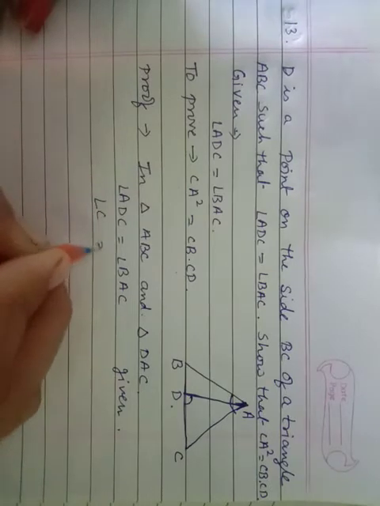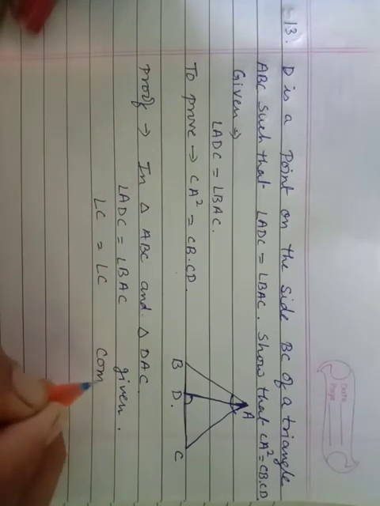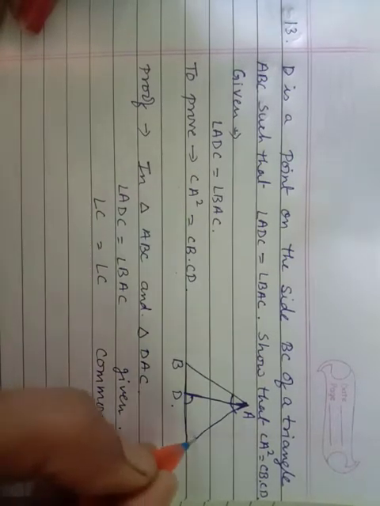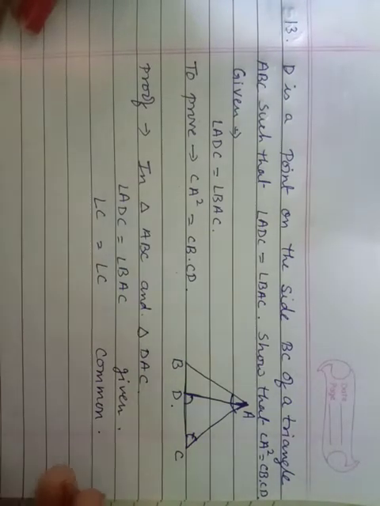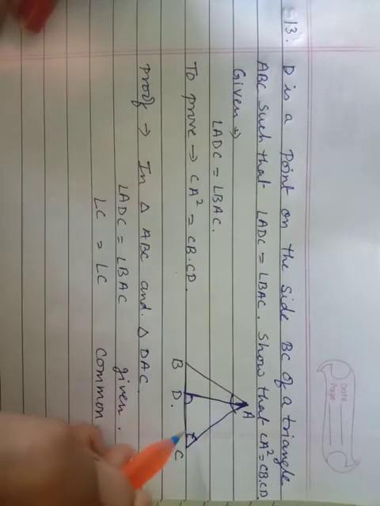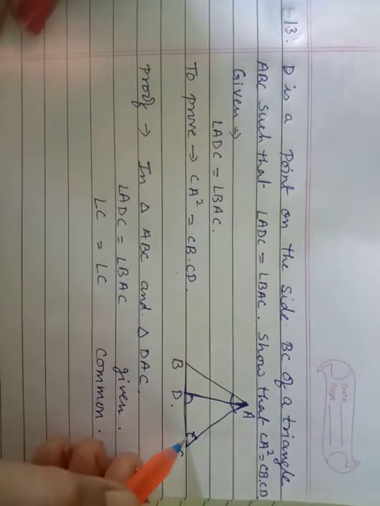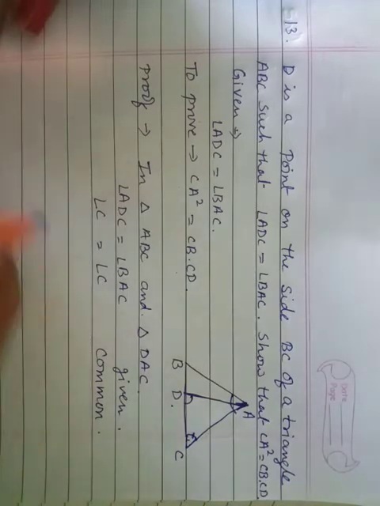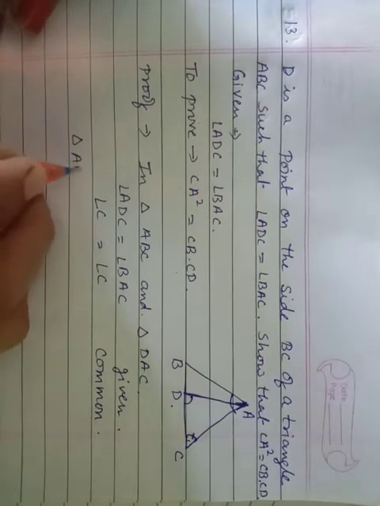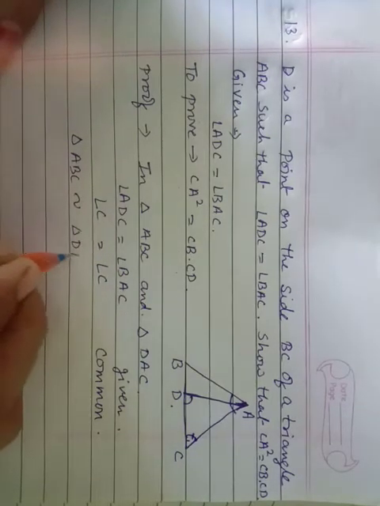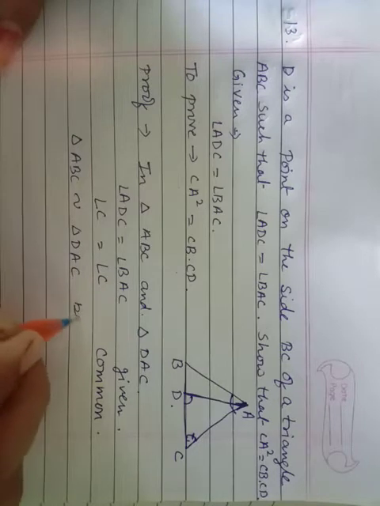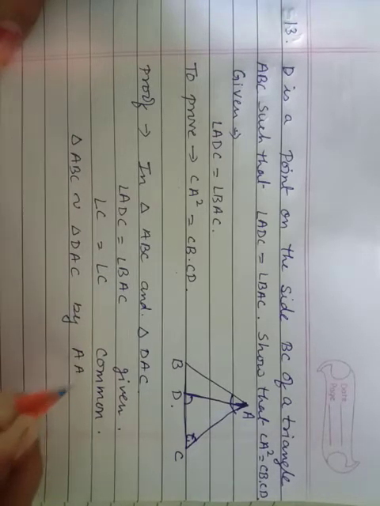Angle C is equals to angle C. You can see that in both the triangles, this angle C is common. So triangle ABC is similar to triangle DAC by AA similarity.